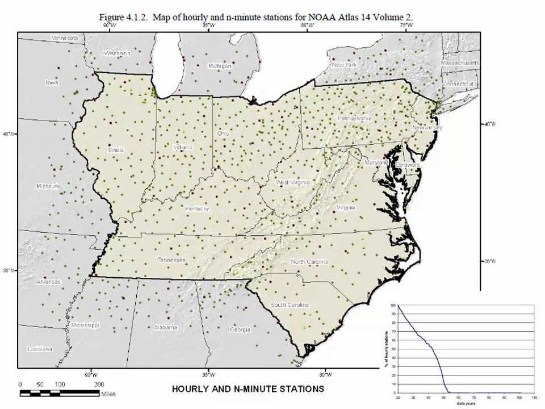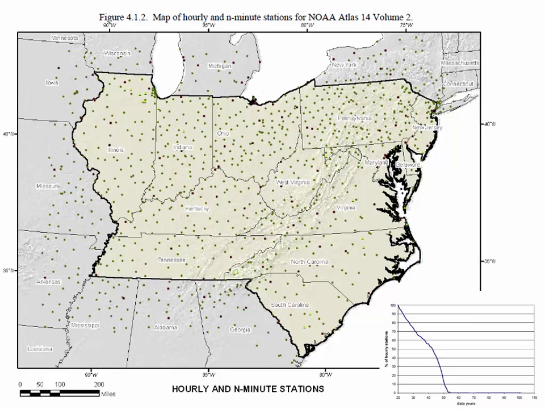And the data doesn't go very far. Here's a graph of the availability and how many sites. For the entire eastern United States, there are only 10 sites where they've got hourly data that goes back 50 years. That's because before 50 years ago, there weren't computers to gather the data.